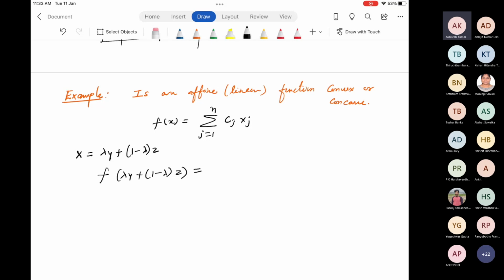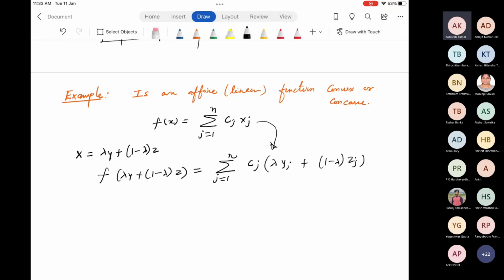So we have to somehow show that it is lambda f(y) plus 1 minus lambda f(z). Sir, it is coming that only, sir, like lambda times f(y) plus 1 minus lambda times f(z). Good. So all you need to do is write f of lambda y plus 1 minus lambda z in terms of this function f(x).